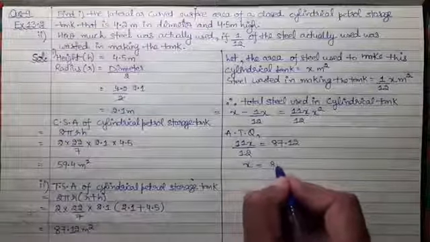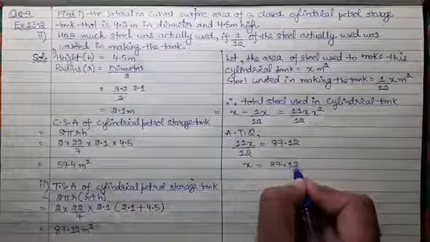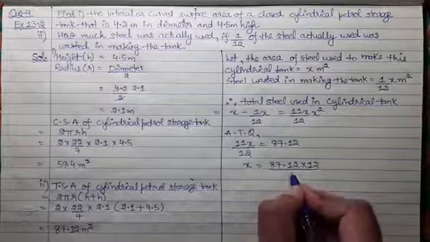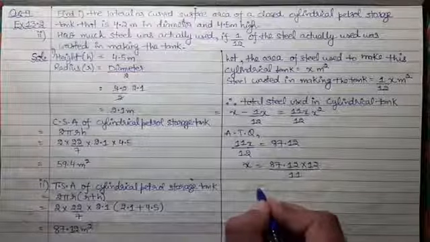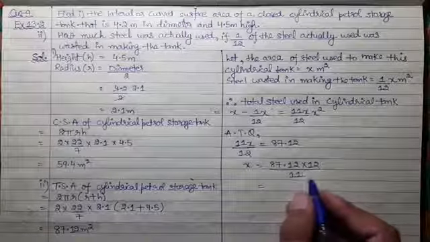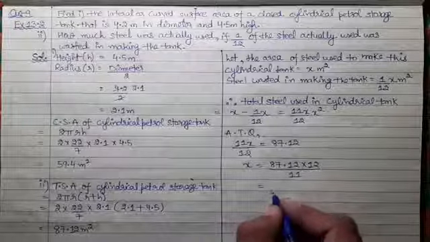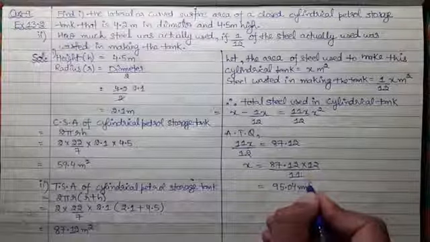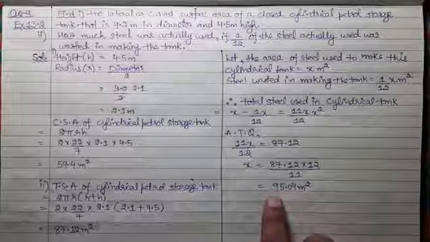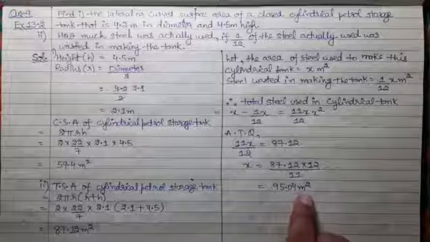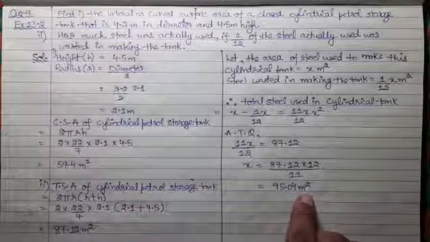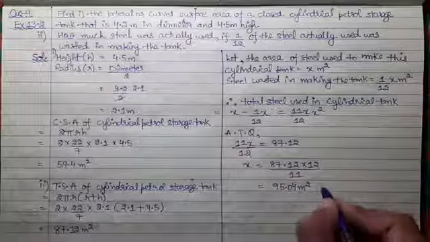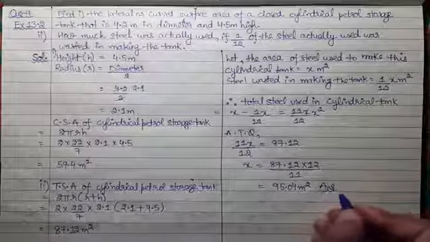Now x equal to 87.12 multiply 12 over 11. After solving it, it will become 95.04 meter square. Hence 95.04 meter square steel is required to make this cylindrical petrol storage tank. This is the required answer of part 2.